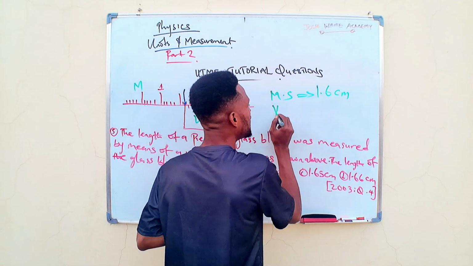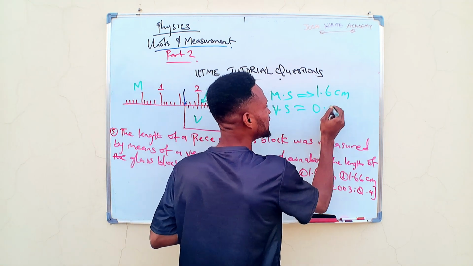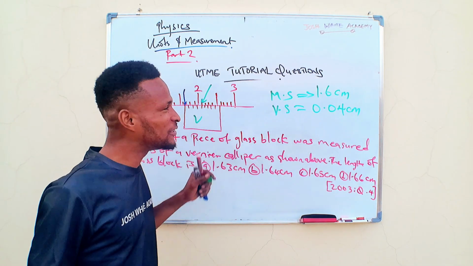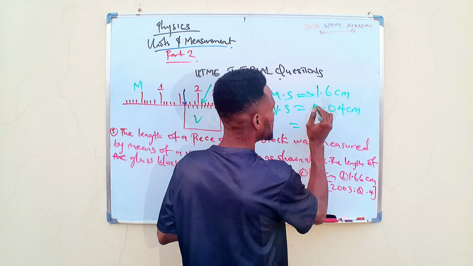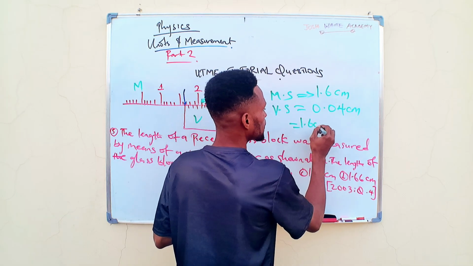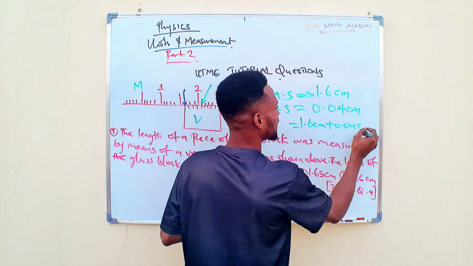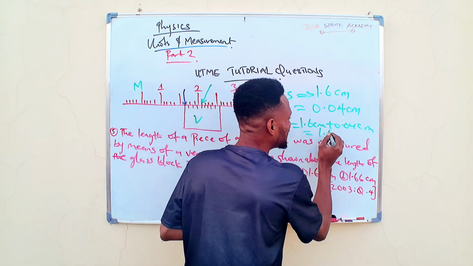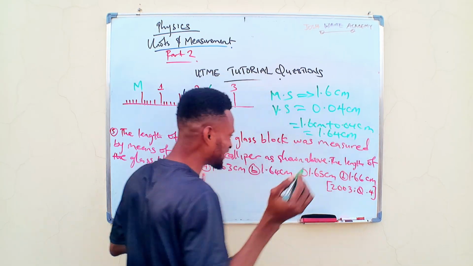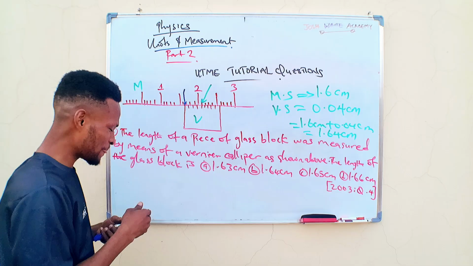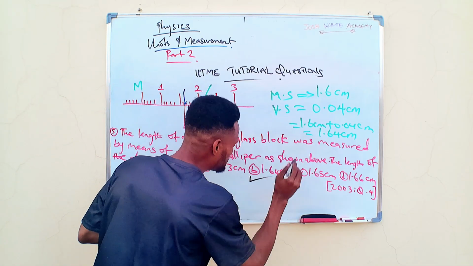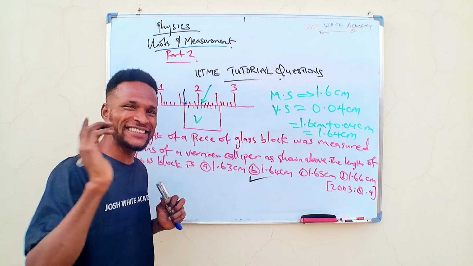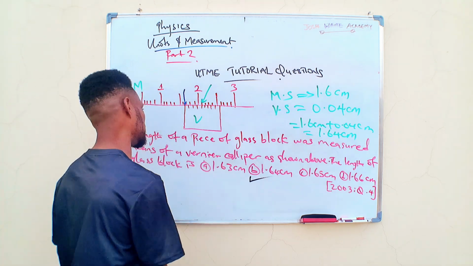That means our Vernier scale is 0.04 centimeter. So then what will our reading be? Sum the both, which is 1.6 centimeter plus 0.04 centimeter. It will give you 1.64 centimeter. So what's our answer? Our answer is B. You see it? Now let's take one more question.